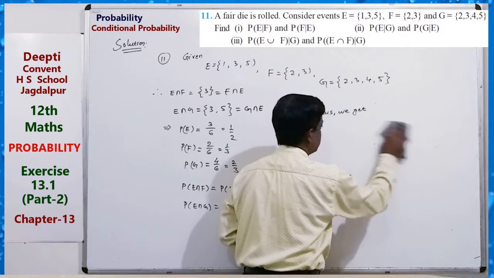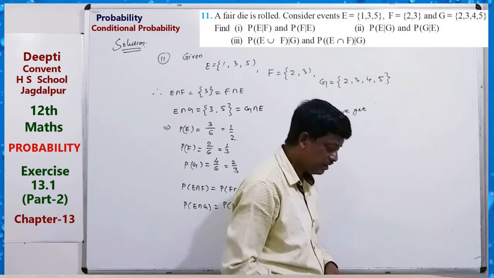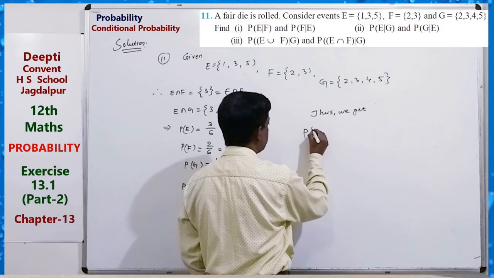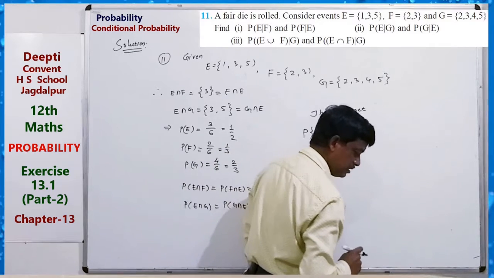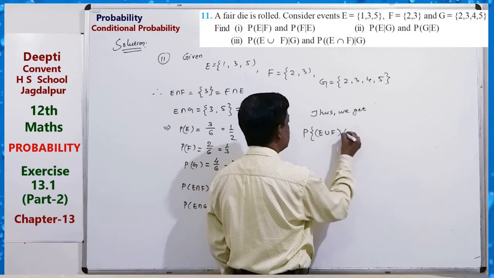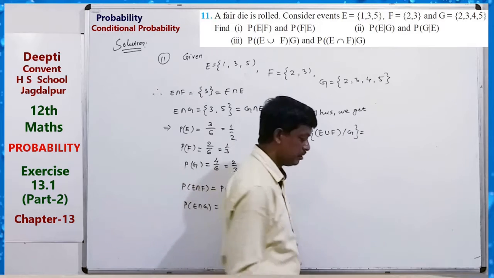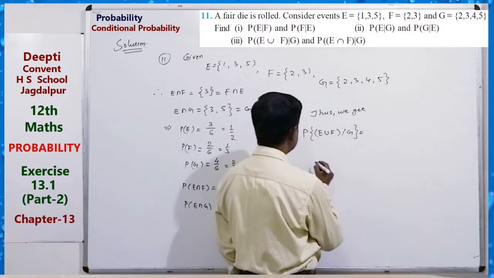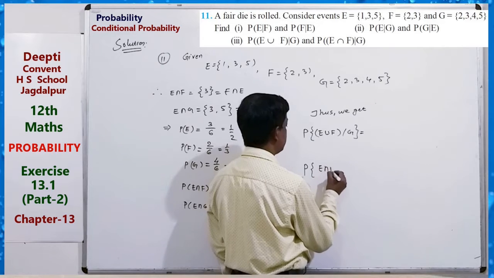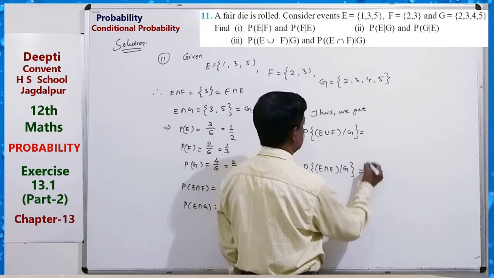Two things: E union F and E intersection F. P(E union F) by G, this we will find. And P(E intersection F) by G.